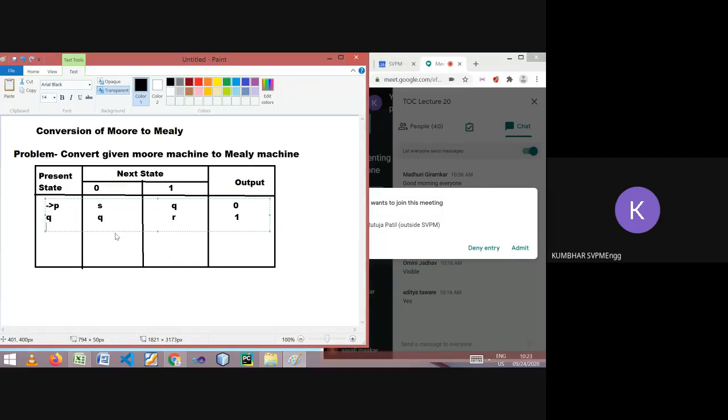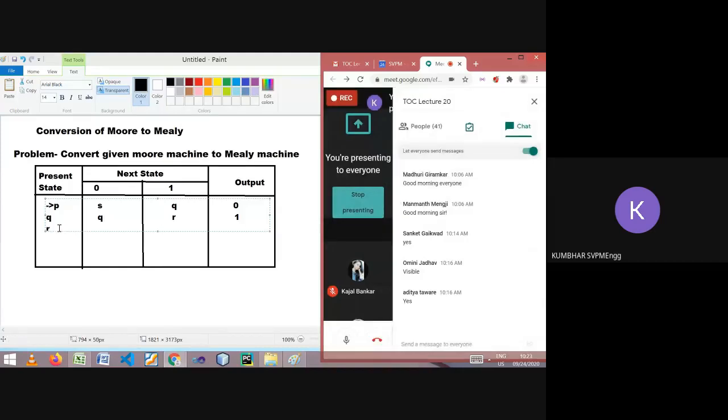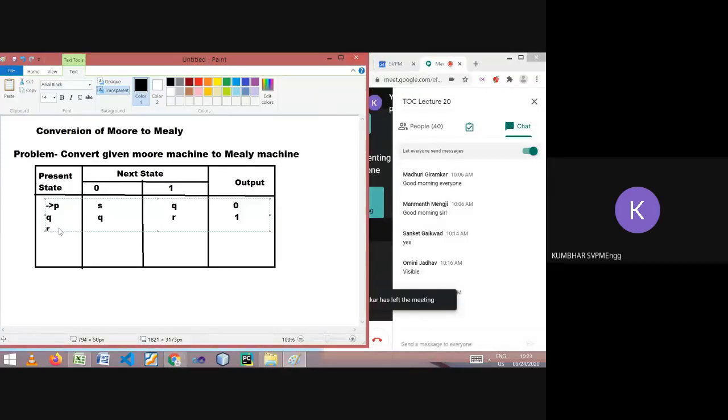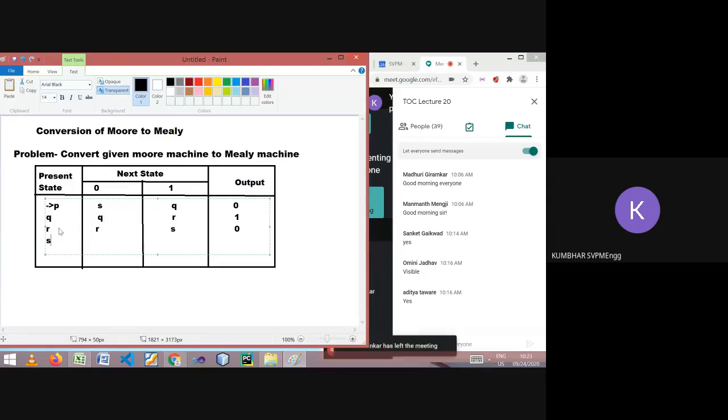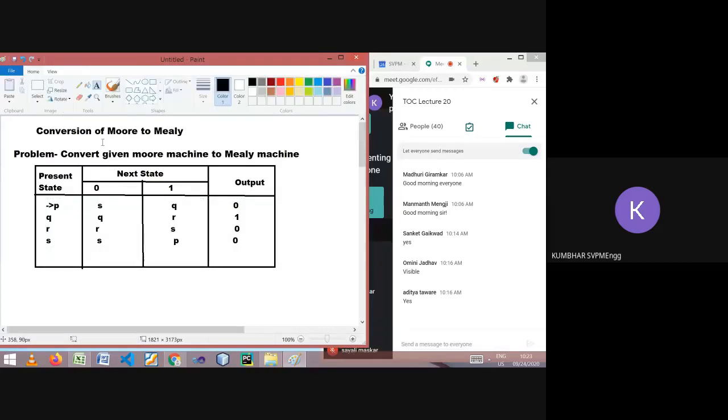Next, the state is R. On 0 it goes to R. On 1 it goes to S. And the output is 0. The next state is S. On 0 it goes to S. On 1 it goes to P, and it also gives the output 0. So these are the 4 states it has.